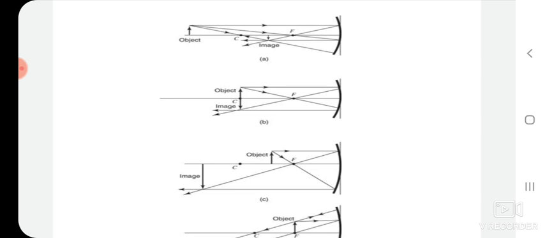If O is greater than 2f, the image is inverted, smaller, and located between distance f and 2f.